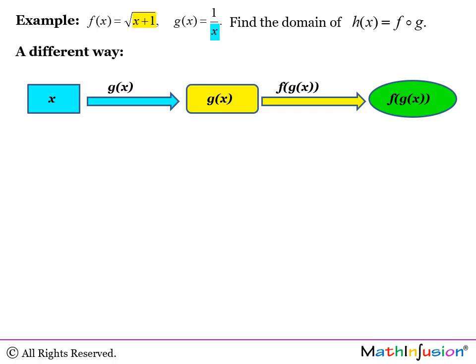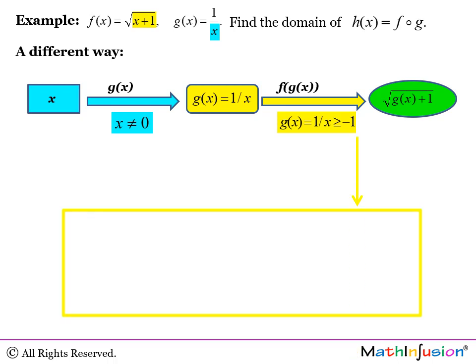So let's see. In order to be able to flow in the first pipe, the blue pipe, because this function is 1 over x, we have to get here that x cannot be 0. But in order to flow here, to get the square root of g(x) plus 1, g(x), which also equals 1 over x, has to be greater than or equal to -1. From here, we have to do exactly what we did before, so I will do it quickly.